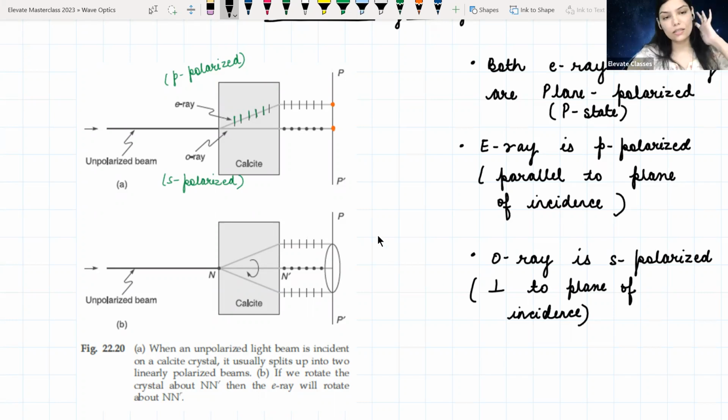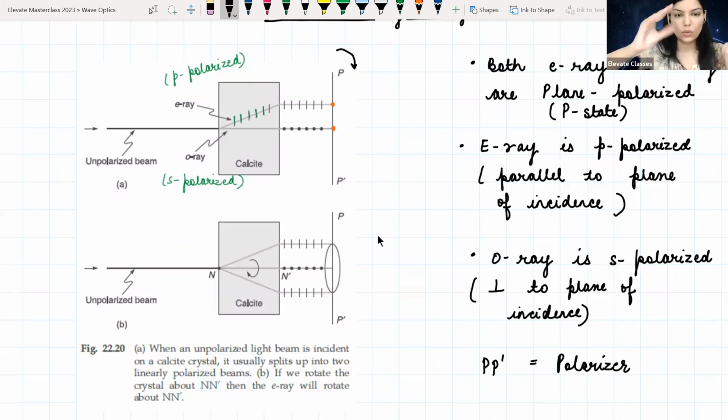Now what this diagram is showing is that I have a polarizer PP dash, and I can rotate the pass axis of the polarizer, like this, okay? As I rotate the polarizer, if the pass axis is parallel to the plane of incidence, then only the E ray would pass and the O ray would be blocked.